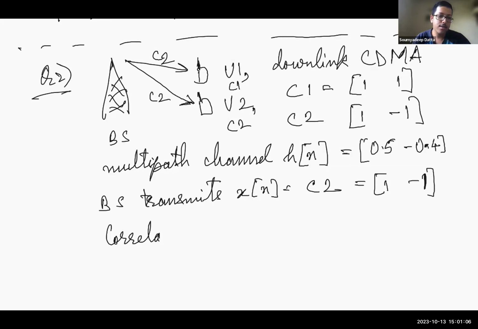SINR is then 1 divided by 1 plus alpha times mu, the voice activity factor, times capital K by Q, times 1 plus the noise variance divided by the interference term of a single user. So this is the formula.